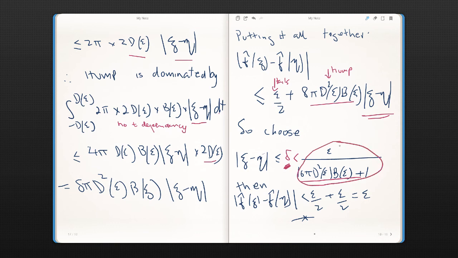And as you've seen by going through that proof, for any given function, you should be able to constructively demonstrate what this number d epsilon is and what the b epsilon is.